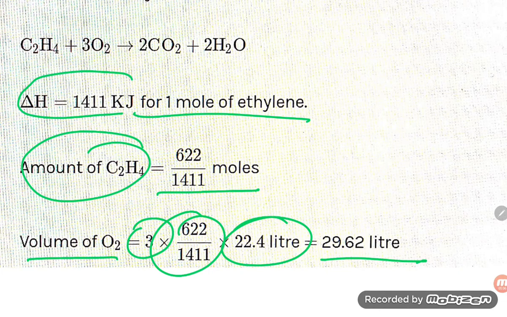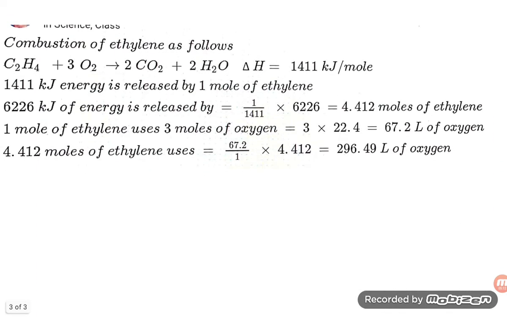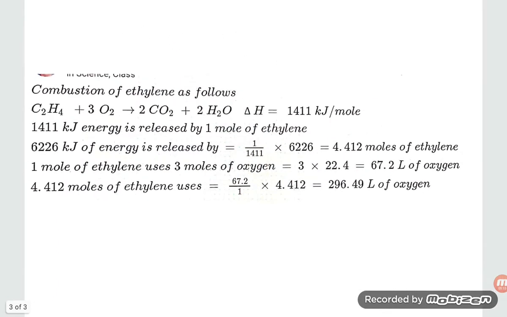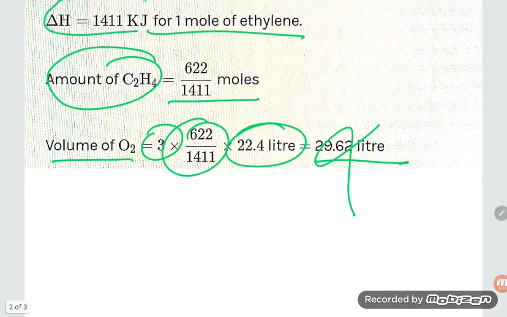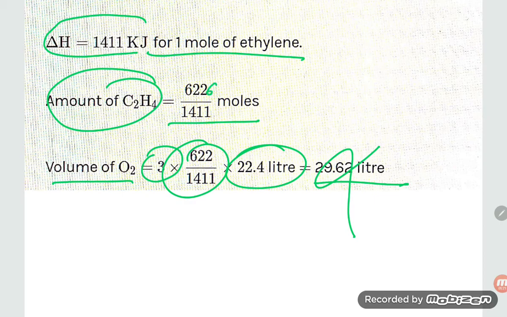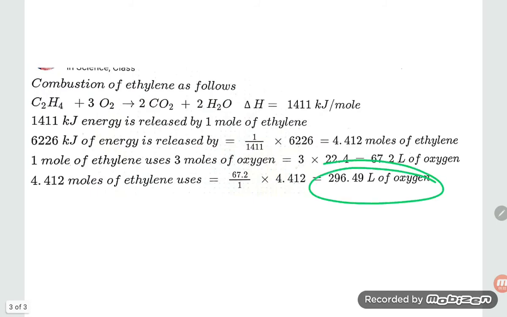It is coming 29.62 liter. Something is wrong in this question, student. The value is wrongly given here. This could not be our answer because 6226 is given. So the correct answer will be 296.49 liter, and the correct option is also 296.49 liter.